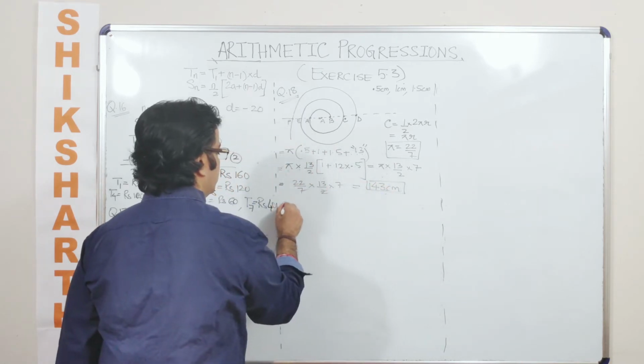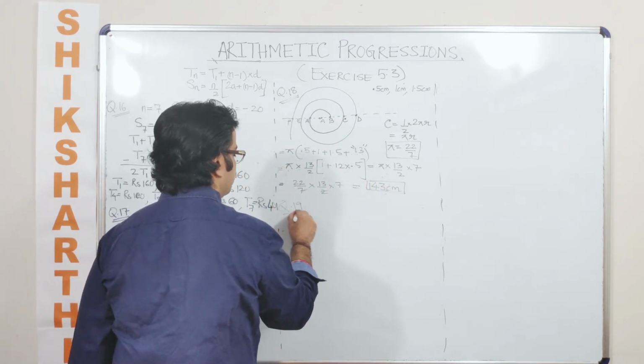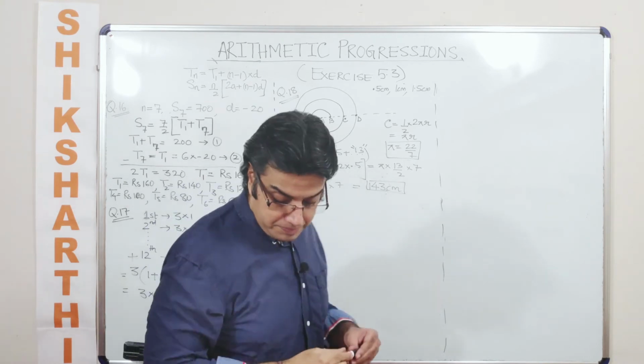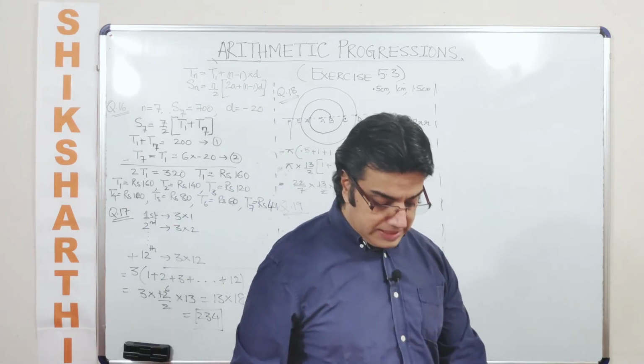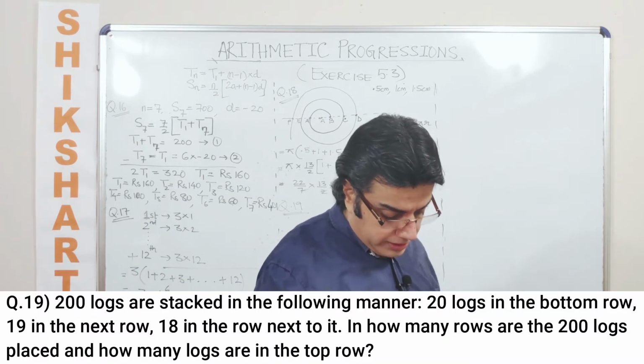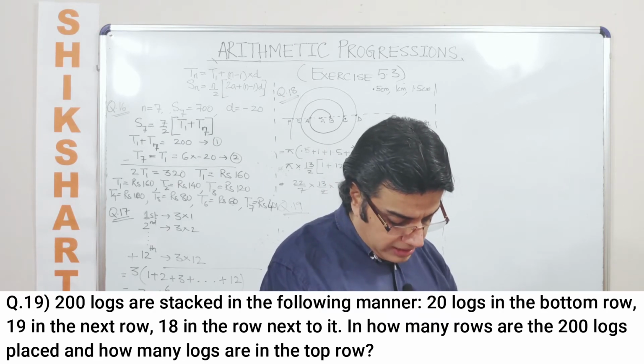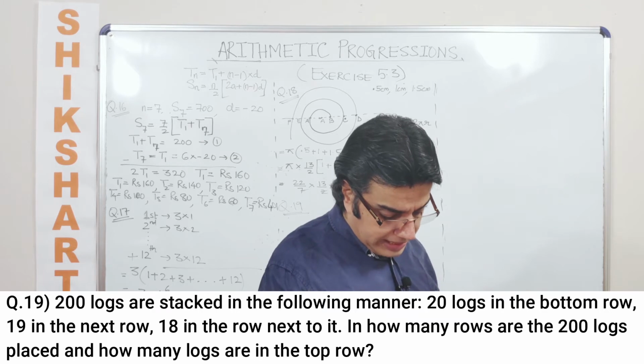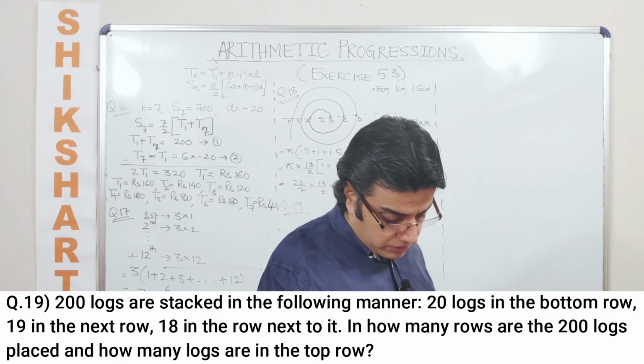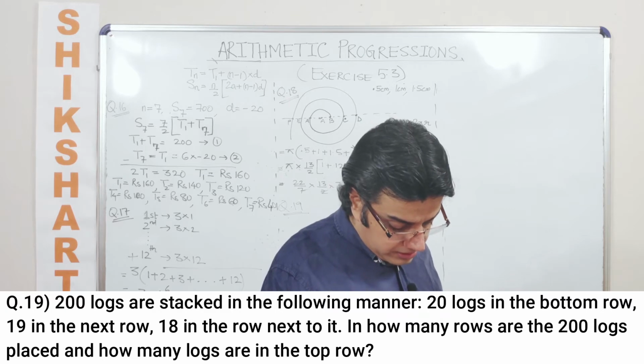Okay, talking about question number 19. Question number 19 says, there are 200 logs stacked in the following manner. 20 logs are in the bottom row, followed by 19, followed by 18, and so on. In how many rows are 200 logs placed?